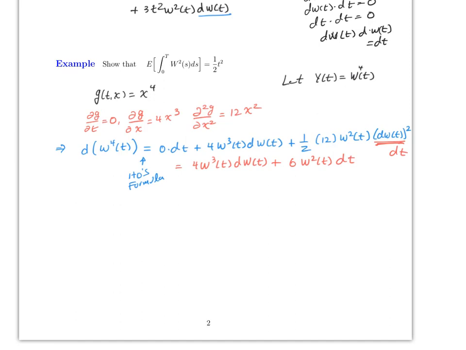Therefore, from here, remember that if you integrate both sides, the integral will cancel the derivative.